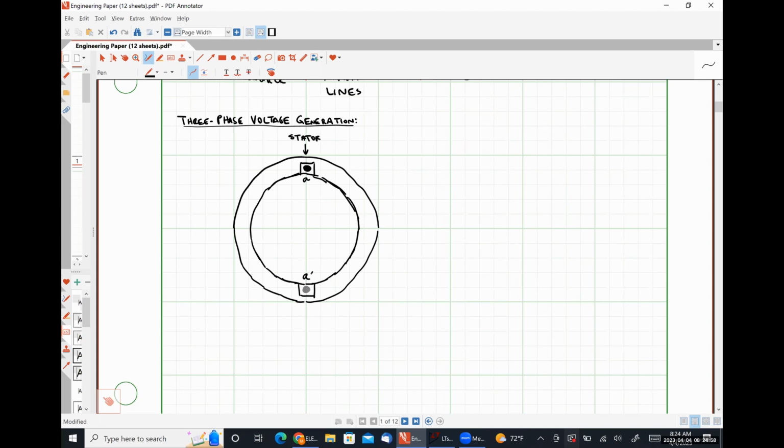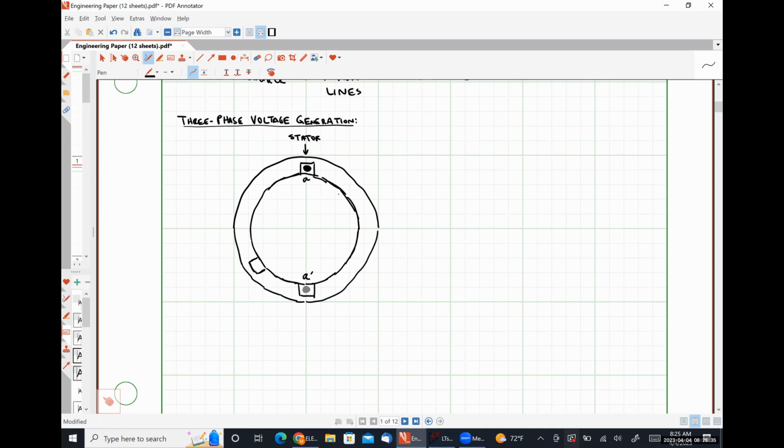So this represents effectively the send and return windings of our A phase. I've oriented them along the vertical axis, so one is 180 degrees physically located away from the other one. We have a three-phase system, so we're going to need two more pairs of windings, and we are going to locate them 120 degrees away from each other. So 120 degrees is about here.